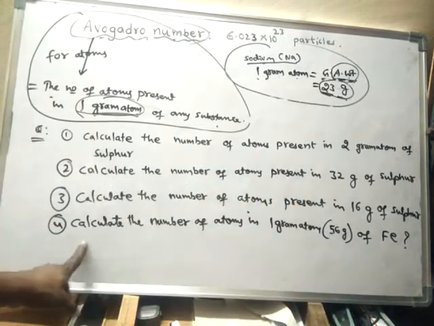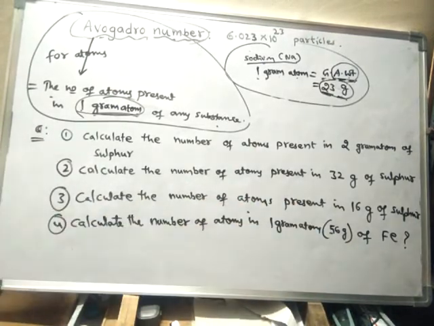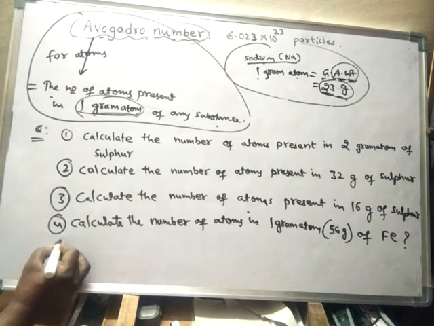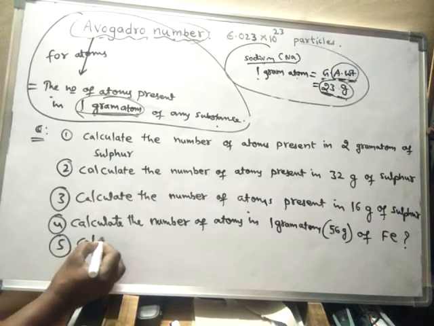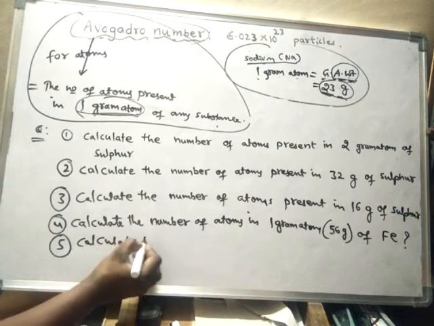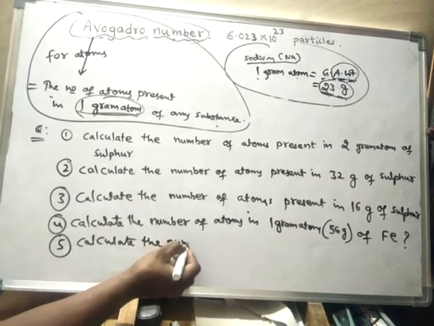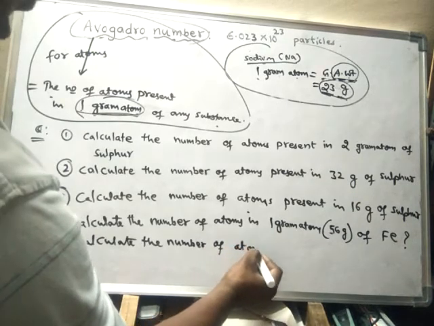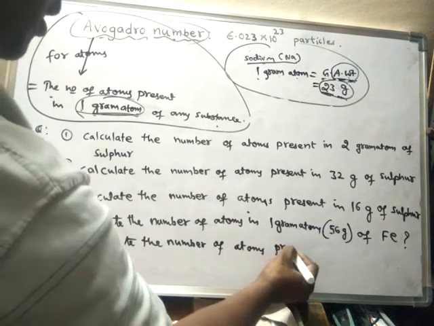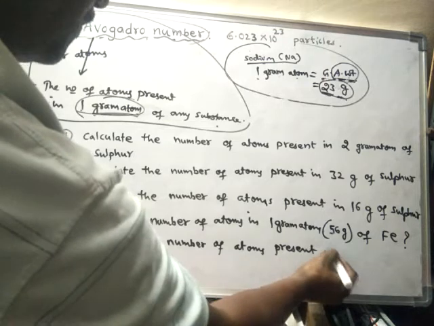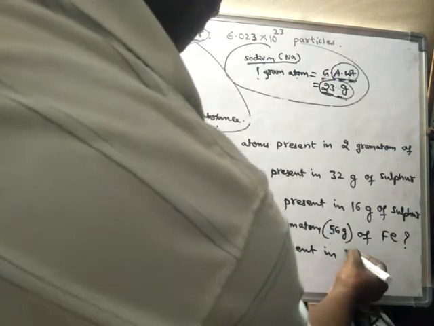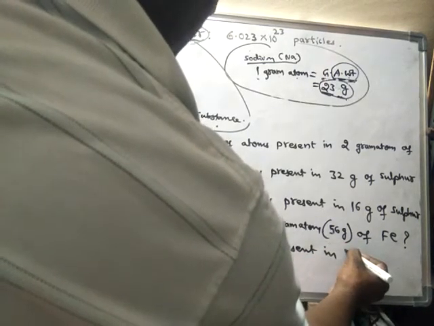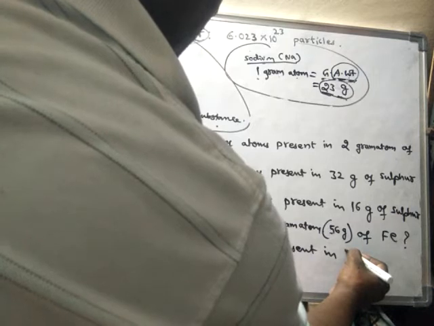So the question is, calculate the number of atoms in 1 gram atom of iron. One more question: calculate the number of atoms present in 28 grams of iron.